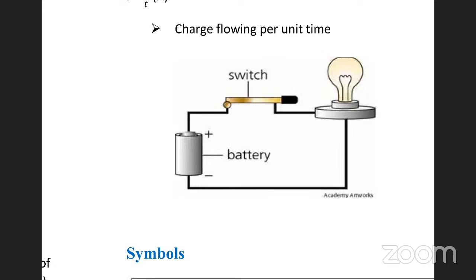All right, nice. So you should have something like this. Battery, positive, negative, positive, negative. Switch, connected to a lamp, connected by wires. So it might look something like that, right?